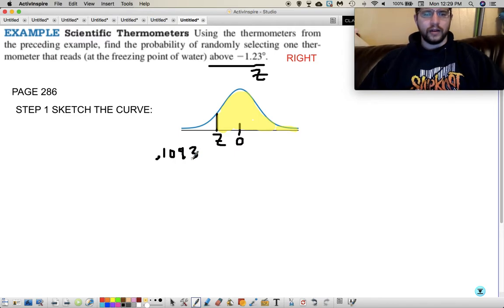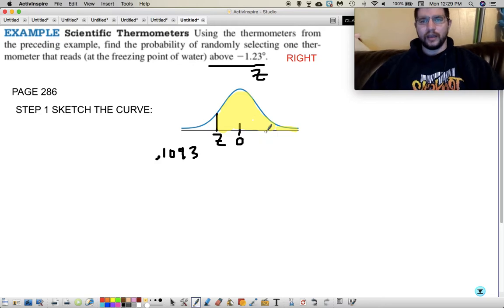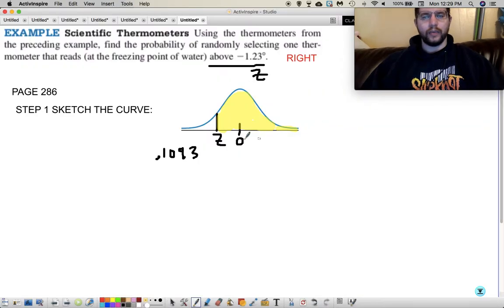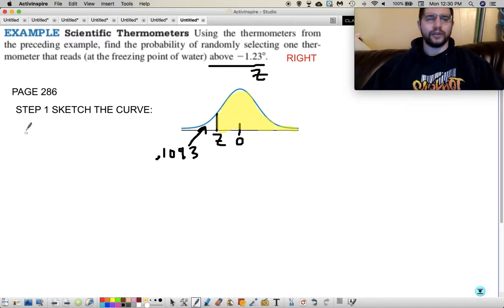But again, what does the chart give us? It gives us the cumulative area to the left, and we need to the right. So what that actually tells us is this right here is 0.1093. Rule of complements again. 1 minus this number will give us the area to the right. Because again, probability and area under the curve are the same thing. Probability has to add up to 1. So if I know to the left is 0.1093, to the right has to be 1 minus that number. So I'm going to do 1 minus 0.1093.